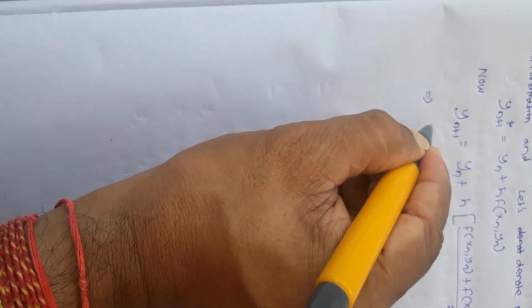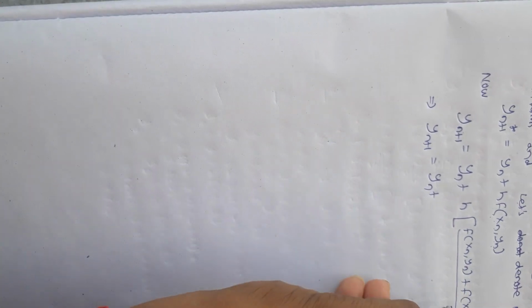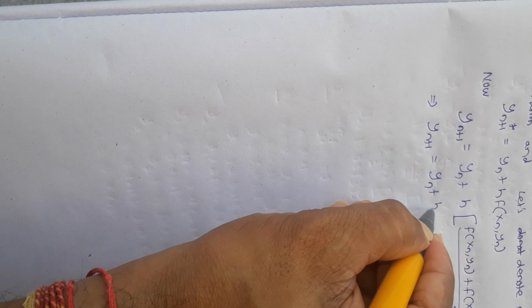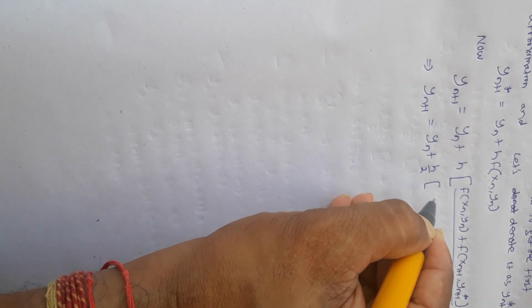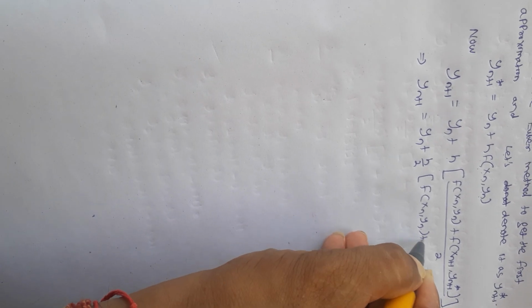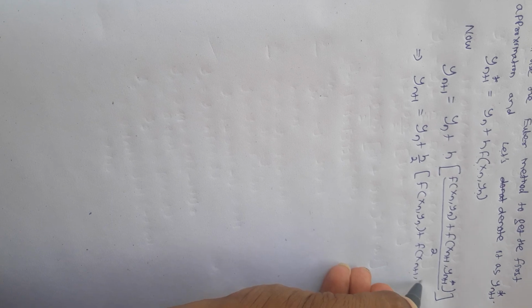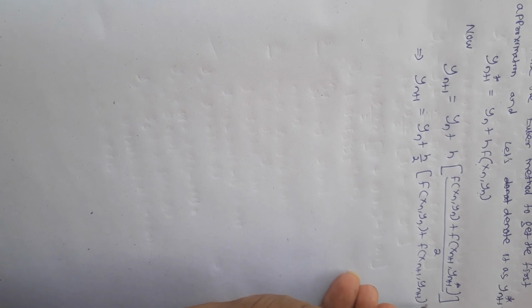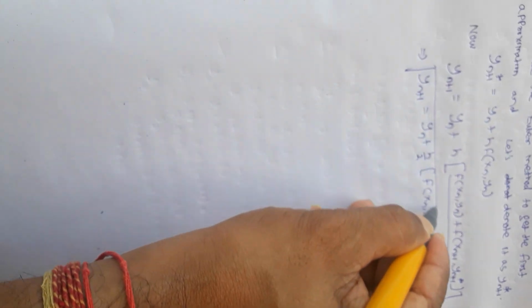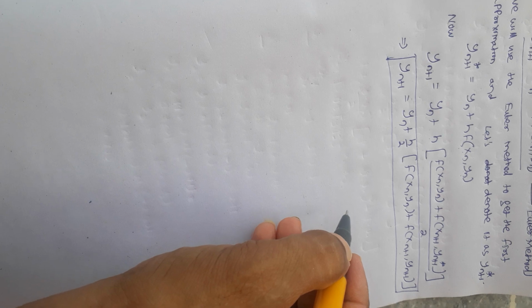Let me write it once more. y n plus 1 equals y n plus h by 2 into f of x n, y n plus f of x n plus 1, y n plus 1 star. This is the formula for the modified Euler method.